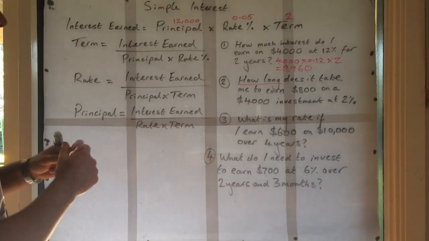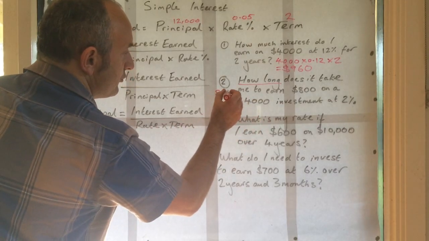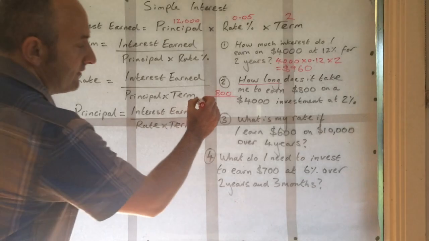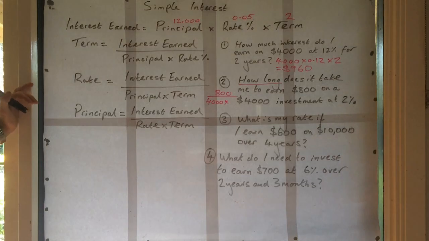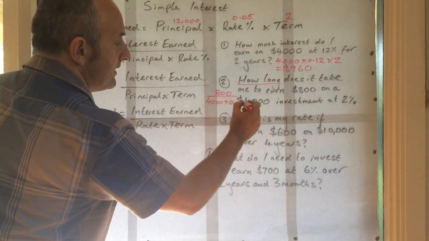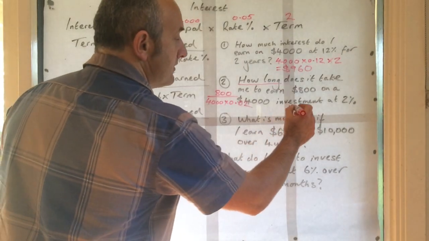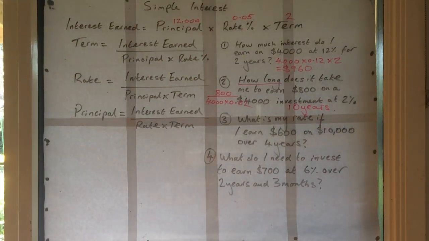So for this question we do 800, because we want to earn $800, then press our fraction button, and enter 4,000 multiplied by, now, what's 2% as a decimal? That's right, 0.02. When I enter that on my calculator, I should get 10 years. Great, wonderful.